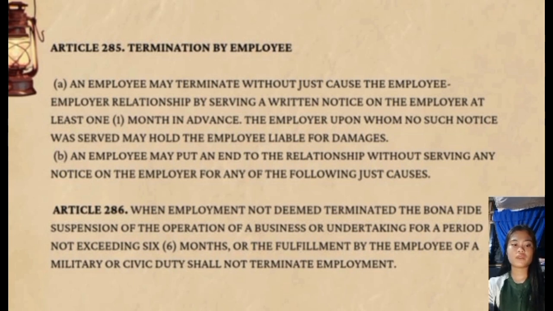So the best way to go about this is to conduct a special town hall meeting with the concerned employees along with a duly authorized representative for the purpose of informing them of their options regarding their tenure with the company. During this meeting, the employer should inform the employees of the consequences of retrenchment and temporary suspension of the employment relationship.